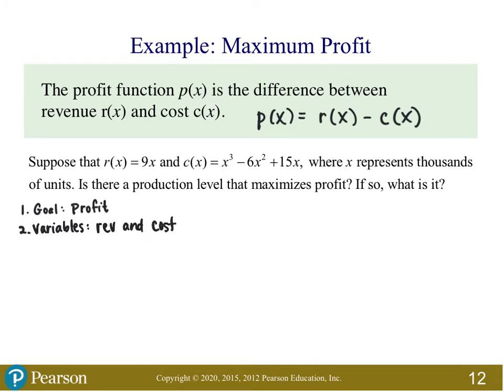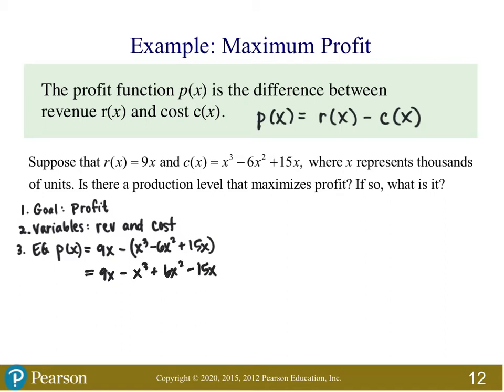Our equation is P of x equals R of x, which is 9x, minus the cost, so x cubed minus 6x squared plus 15x. We distribute the negative, and then that will simplify to negative x to the third plus 6x squared minus 6x.